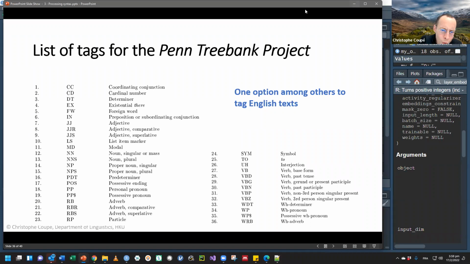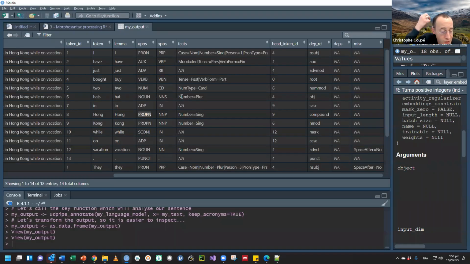So it's just two different ways to describe the grammatical categories of the words of a given language. And these categories usually work across languages. They work for French, they work for English. Maybe in some languages it's not so clear, but they are meant to be quite general. That's it.